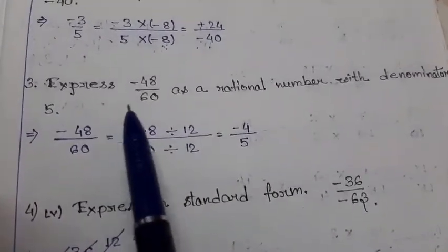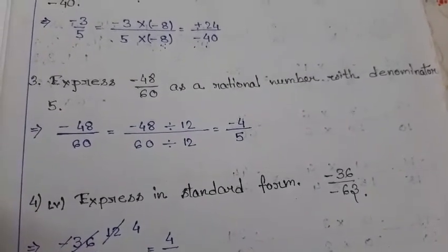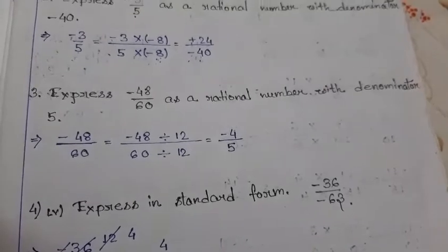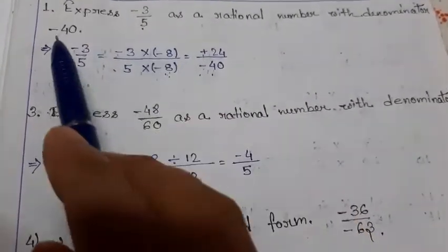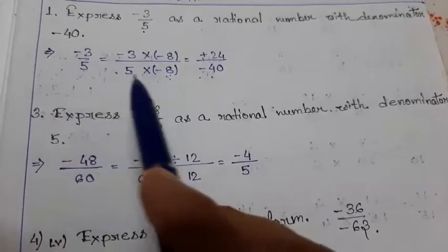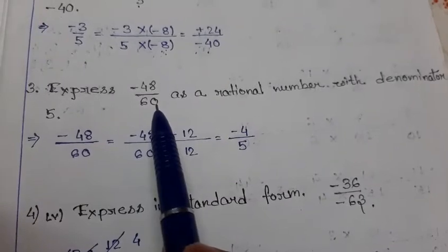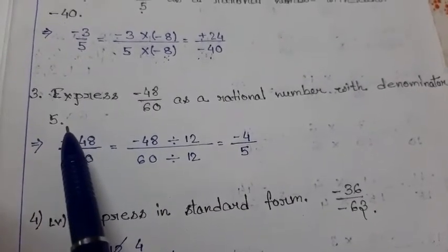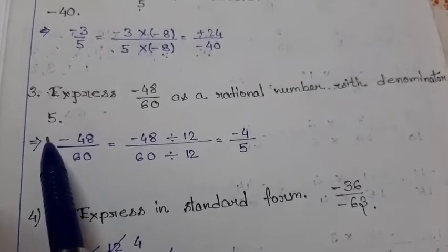Next sum: express minus 48 by 60 as a rational number with denominator 5. In this case the denominator is 60 and we have to convert it into 5. That means 60 to 5, we have to divide by 12.